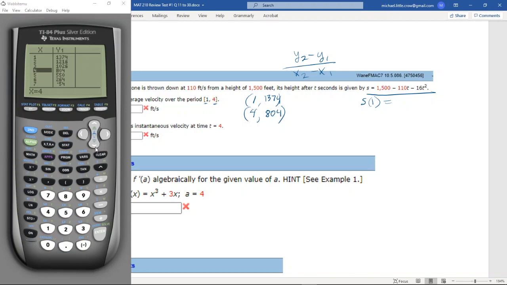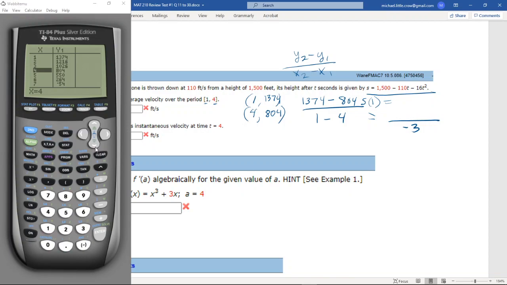And you could choose either one for y2 that you want. I'll go ahead and use the 1374 as our y2 minus 804. And since 1374 is first, 1 has to be first down here. Notice we will get a negative value because in the bottom we get negative 3.